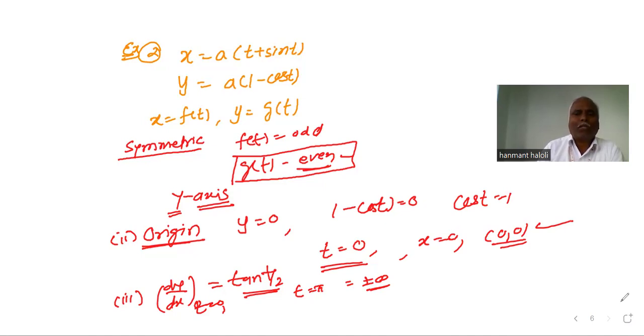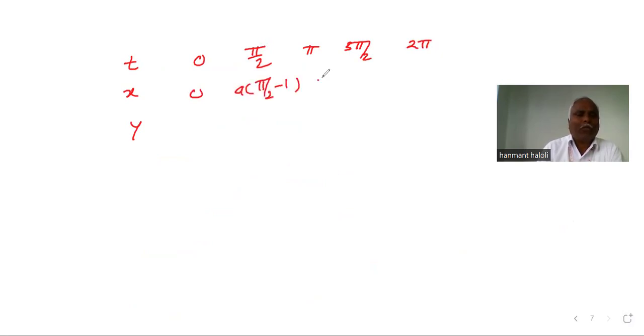Then how to construct the table? Guys, important is the table: t, x and y. t is 0, pi by 2, pi, 3 pi by 2 and 2 pi. The values of x are 0, a into pi by 2 minus 1, a pi, a into 3 pi by 2 minus 1, 2a pi.